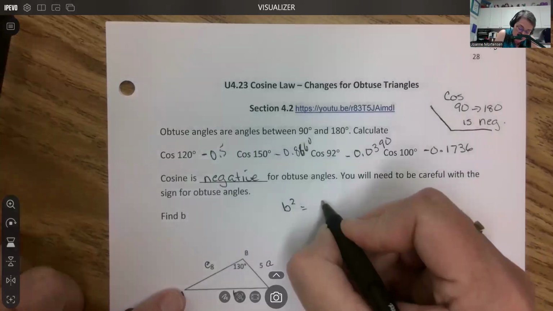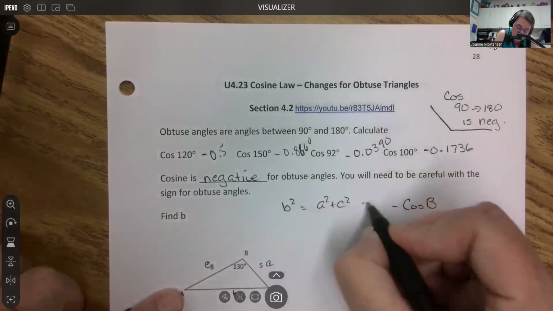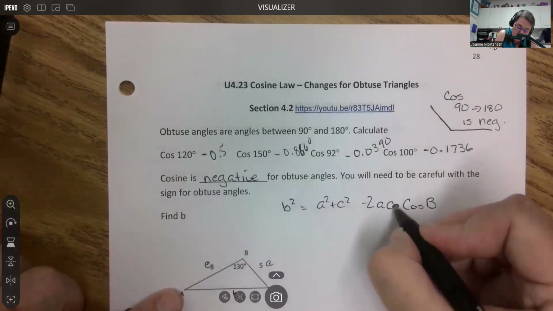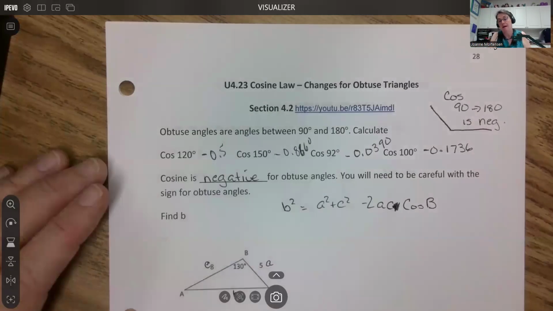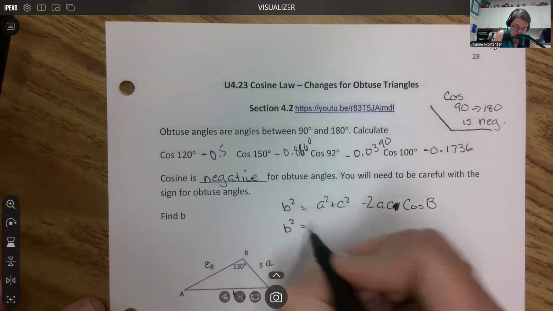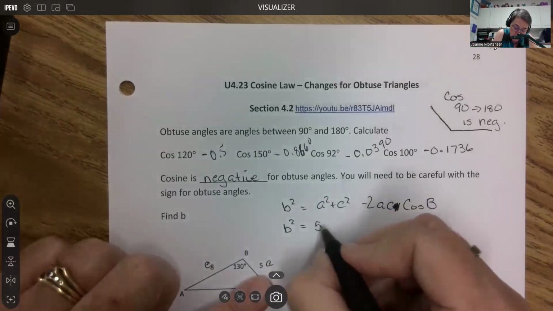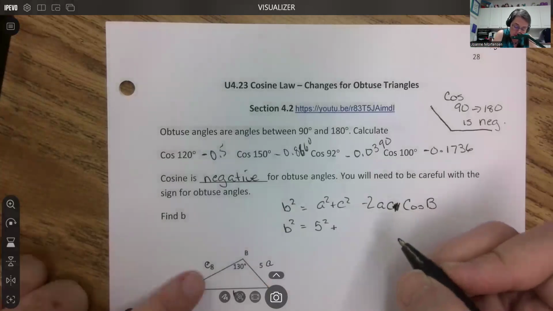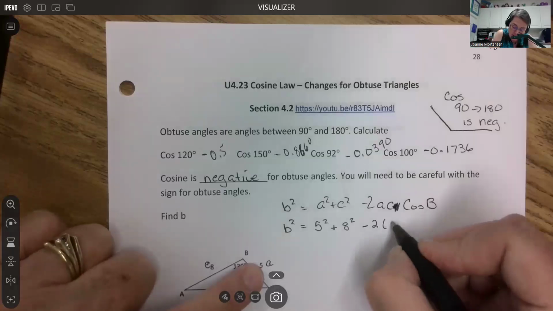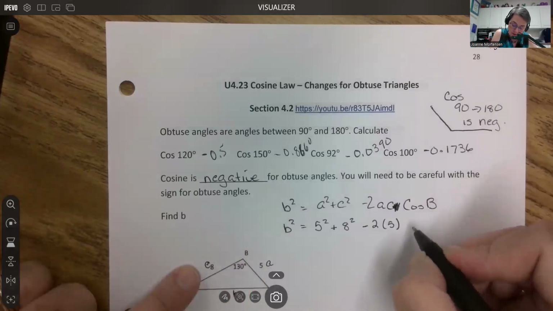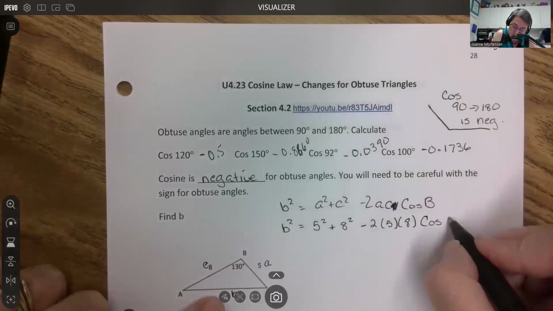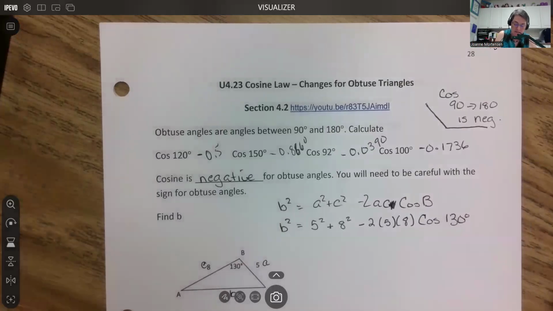And then we've got a squared plus c squared minus 2ac cos B. B squared is equal to a, which is 5 squared, plus c, which is 8 squared, minus 2 times a, which is 5, times c, which is 8, times cos 130 degrees.